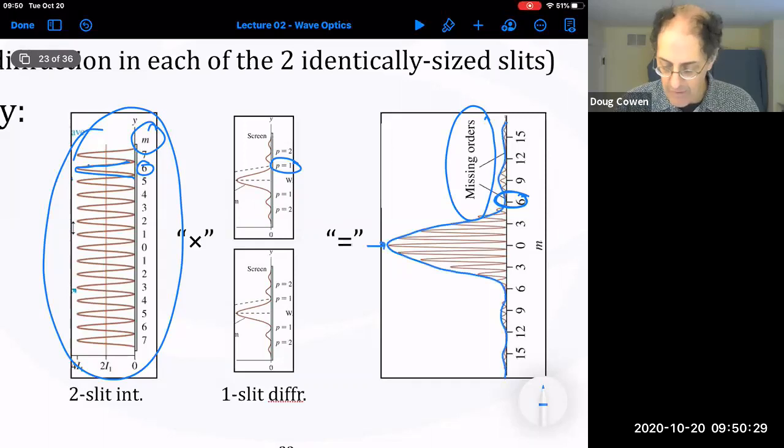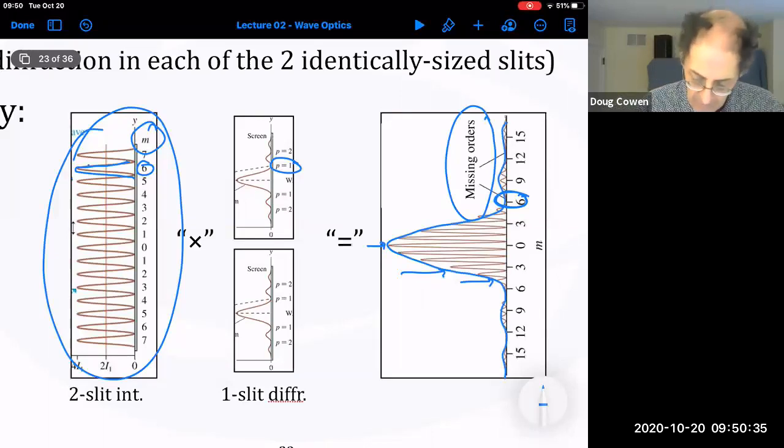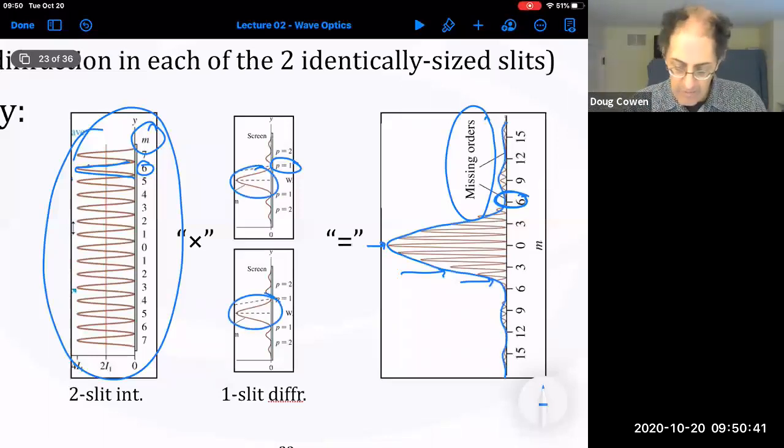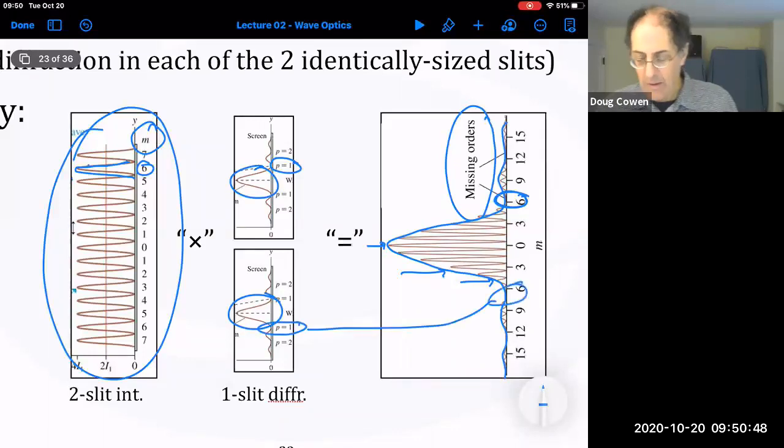Everywhere else, over here, etc., it's being depleted by this envelope here, or this envelope here, the same thing. And where the diffraction minima, say at p equals 1, occurs, you will see a missing order, or no interference bright fringe there, because it gets zeroed out by the diffraction dark fringe.